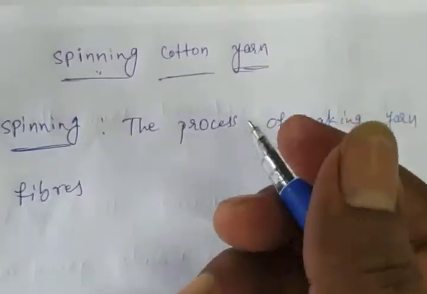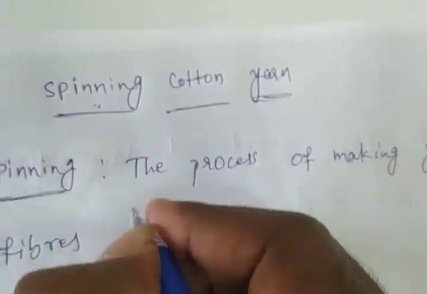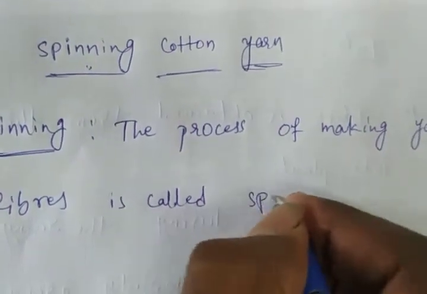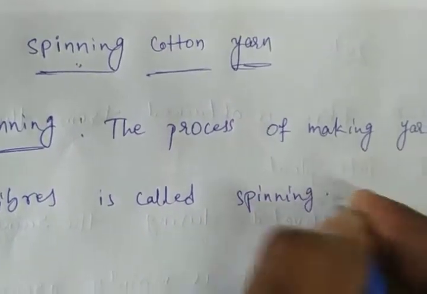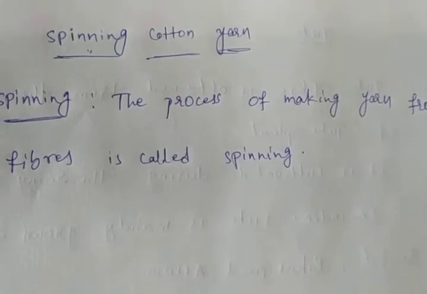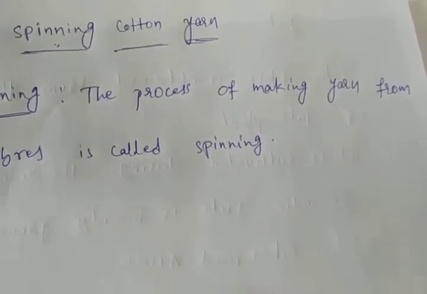From the fibers we make the yarn. That process is called spinning. The process of making yarns from the fibers is called spinning. In this process, fibers from a mass of cotton wool are drawn out and twisted. This brings the fibers together to form a yarn.